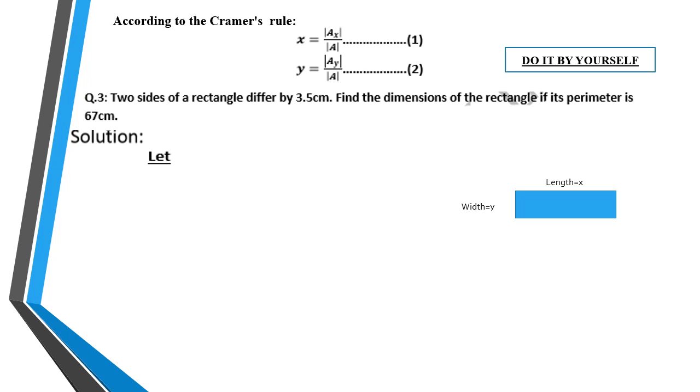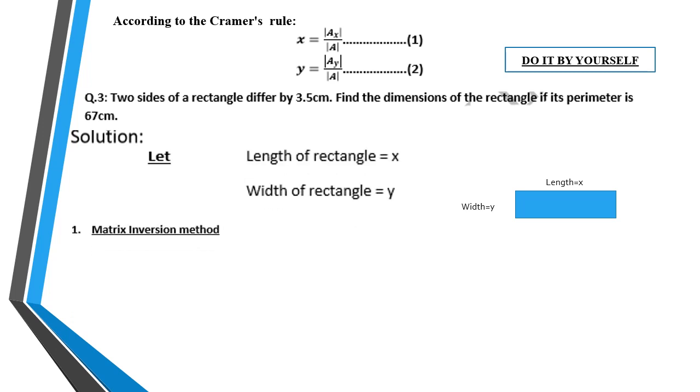Now the second given statement is its perimeter is 67 centimeter. As you know, the perimeter of a rectangle is 2 into (length plus width). So the perimeter of the rectangle is 2 into (x plus y) is equal to 67 centimeter. Now come to the question. First of all, let the length of the rectangle be x and the width of the rectangle be y.